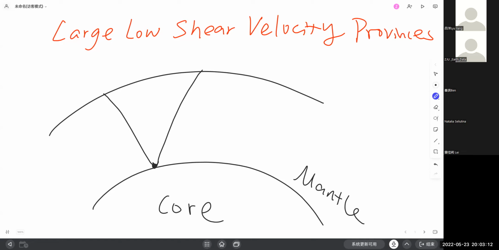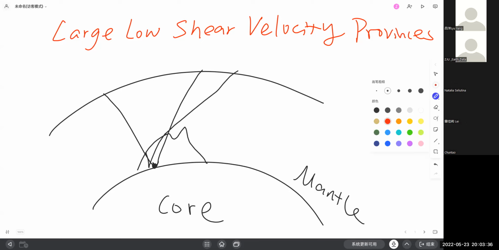However, if your boundary is not exactly like this, and if there is some second order difference, as I draw here, then it's likely that you might see some reflection. I'm just doing some very naive, simple examples.